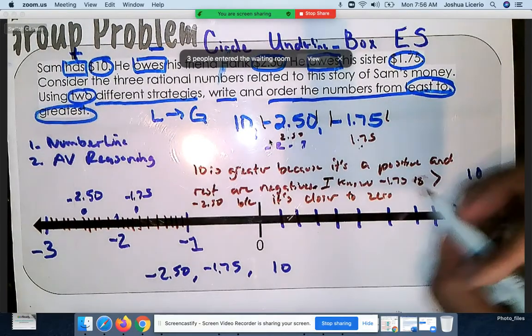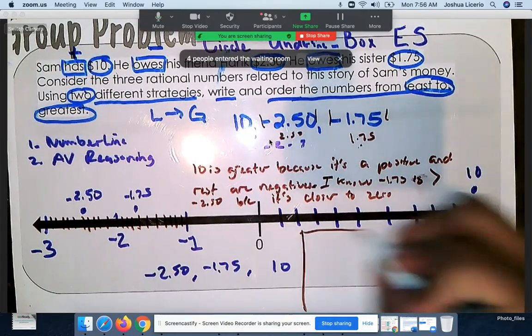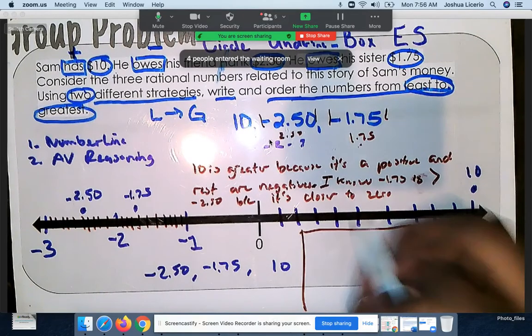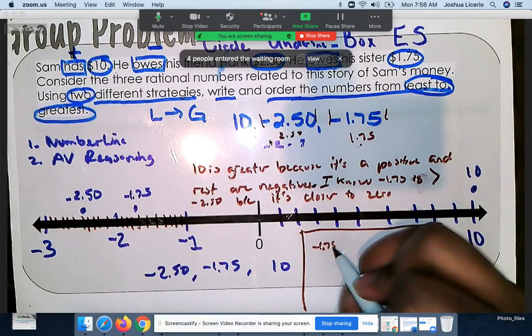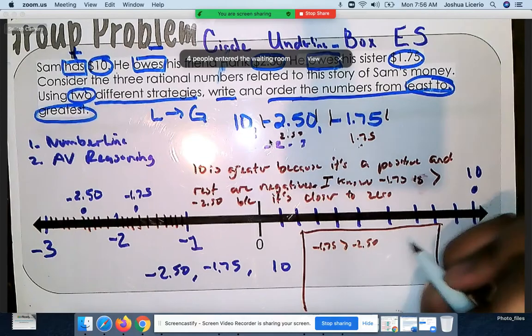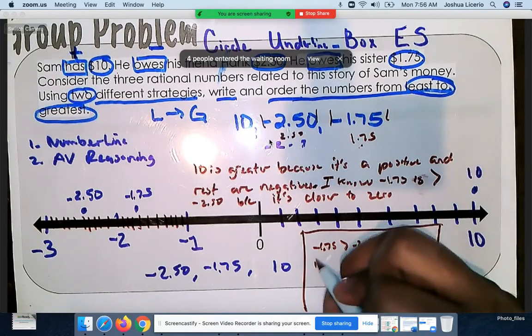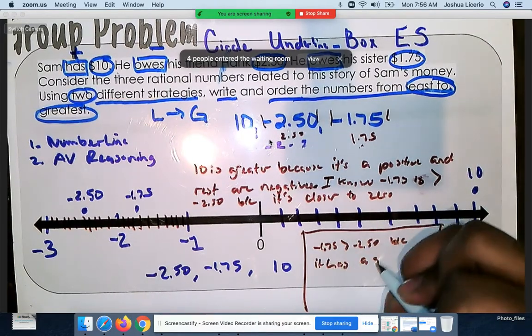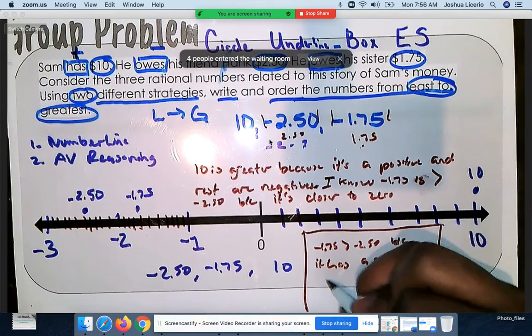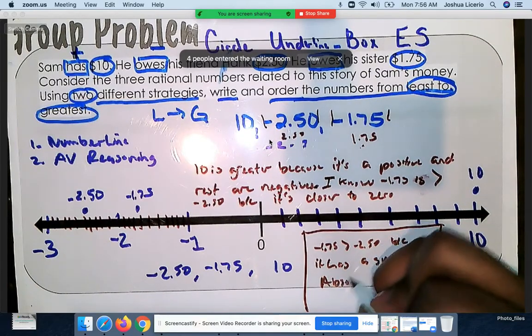Or you can also say, and I'm going to put it right down here, that negative $1.75 is greater than negative $2.50 because it has a smaller absolute value. Because it does, because it's closer to zero.